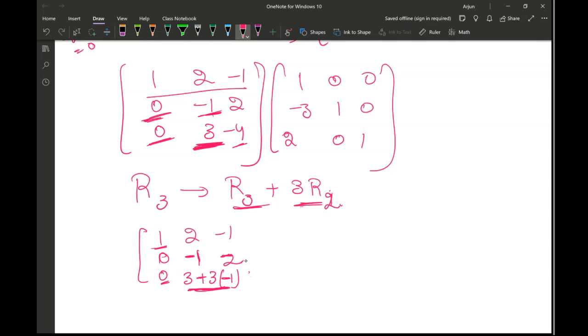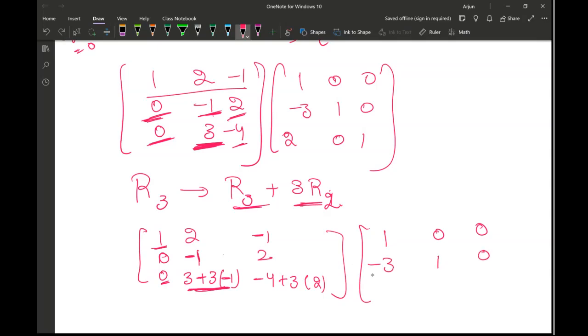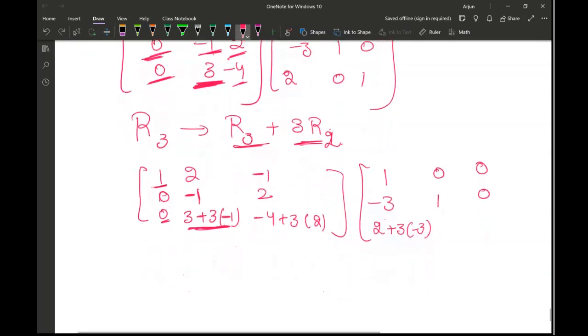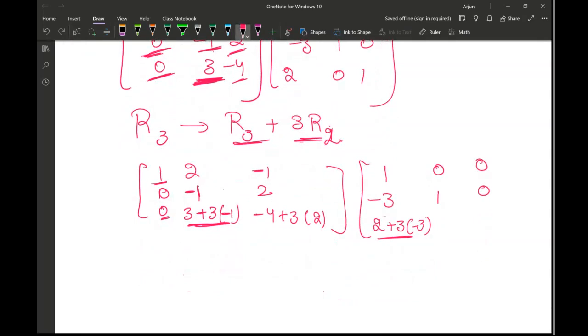This is the second term. The third term, I'm going to erase this and bring it down here so that you're not confused. Minus 1 2, and this will become minus 4 plus 3 times 2. Then the same operations I apply on this one: 1 0 0, minus 3 1 0, and then 2 plus 3 times minus 3, because this is R3 plus 3 times R2.